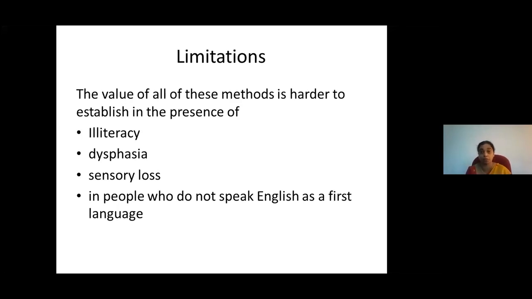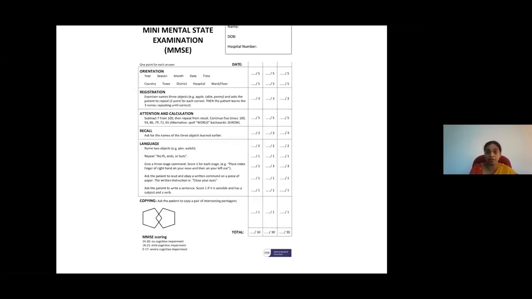If they do not have much fluency in English, it will be difficult because some of the tests are not validated in local languages, so they are in their original language. So these limitations are there. However, we have enough resources which are validated in local languages to assess cognition.